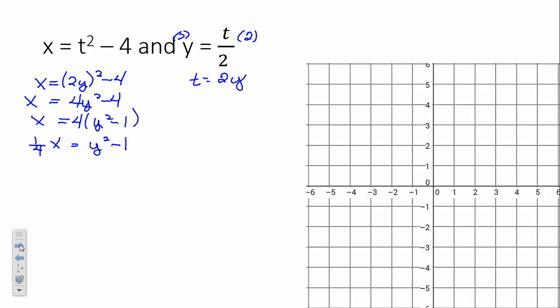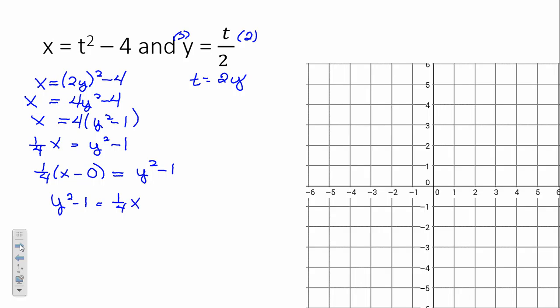right, because our 1/4 is positive and our y is squared. What's our vertex? Yep, 0, 1, right? Okay. Actually, that -1 should be coming to the other side, right? We're used to seeing it y squared, aren't we?